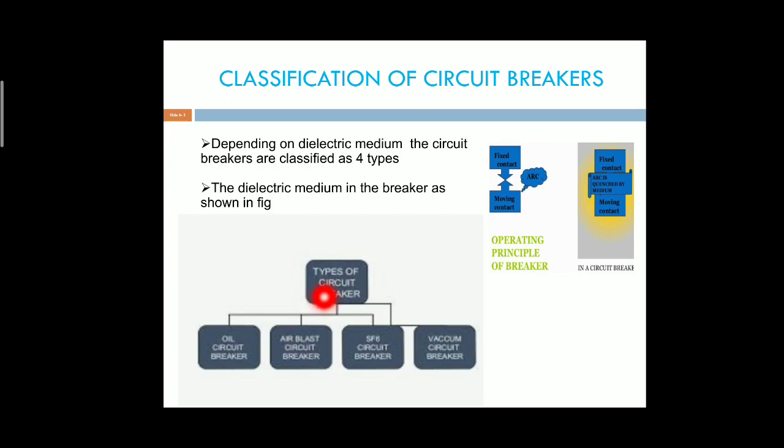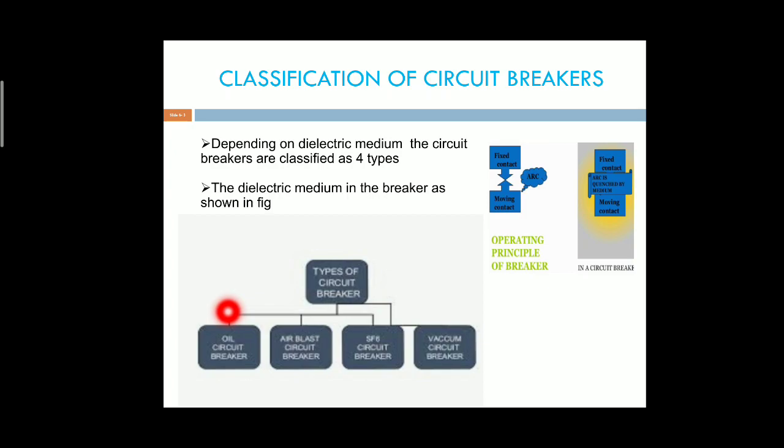By using this dielectric medium we quench the arc within a very short time. This problem can be overcome by using the dielectric medium, and on the basis of it the circuit breakers are classified into 4 types.